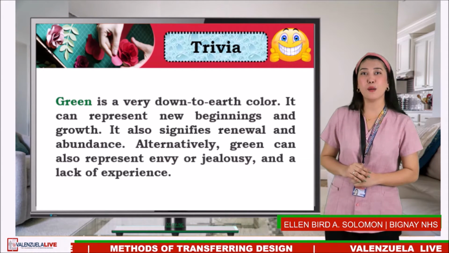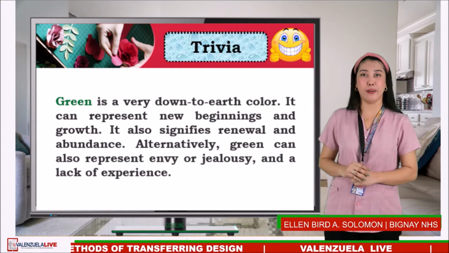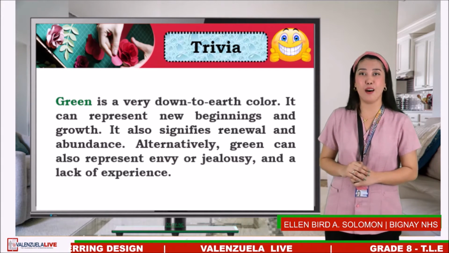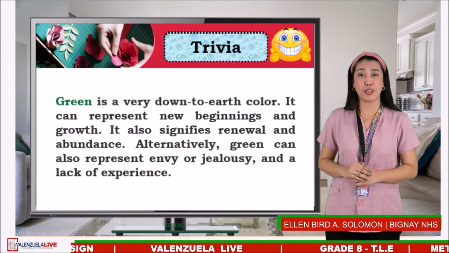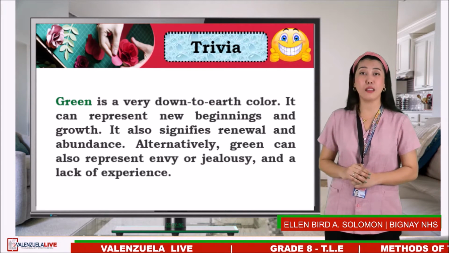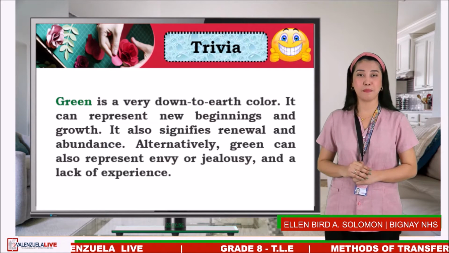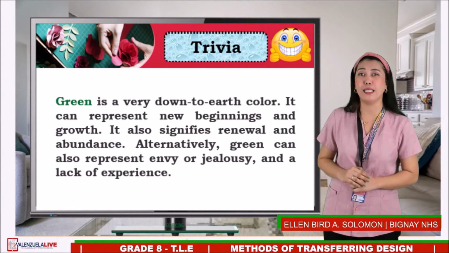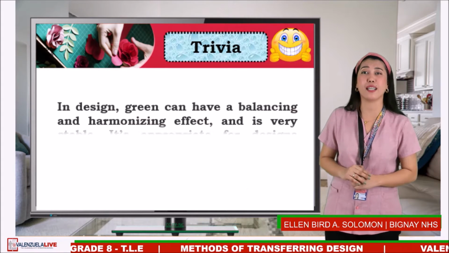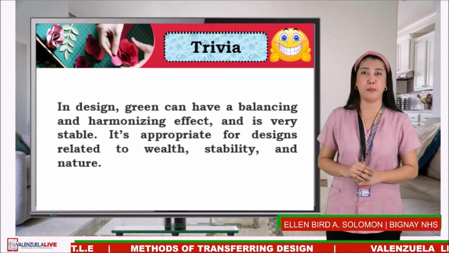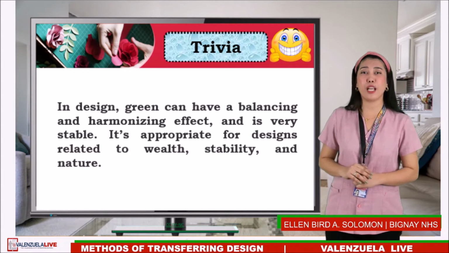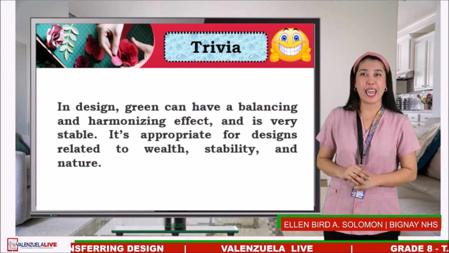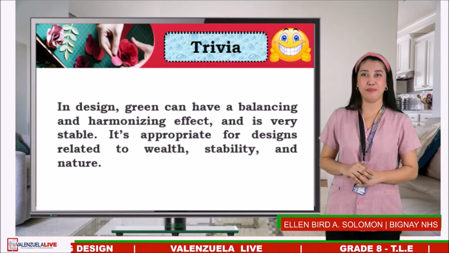It also signifies renewal and abundance. Alternatively, green can also represent envy or jealousy and lack of experience. In design, green can have a balancing and harmonizing effect and is very stable. It's appropriate for designs related to wealth, stability, and nature.